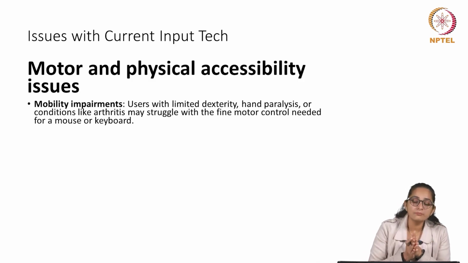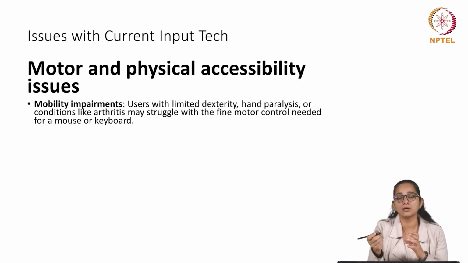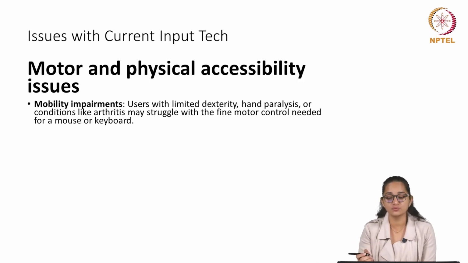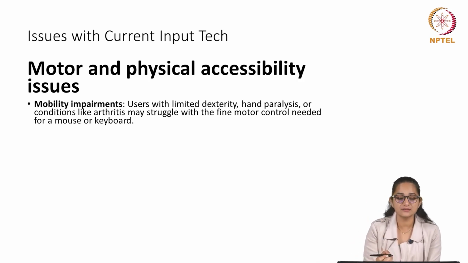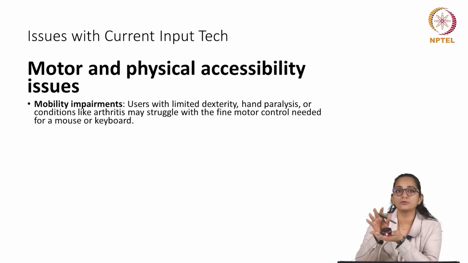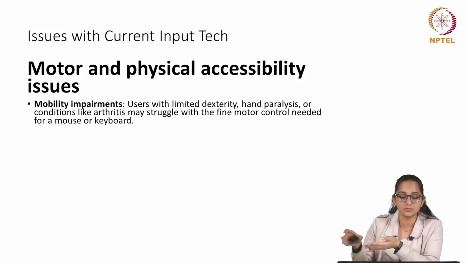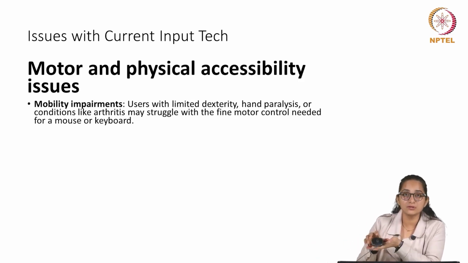So, motor impairments means dexterity loss or fine motor skill issues, hand paralysis or conditions like arthritis, where you are struggling to really hold or bend your fingers in a desired format and keep pressing buttons for longer durations, or fine motor skills.